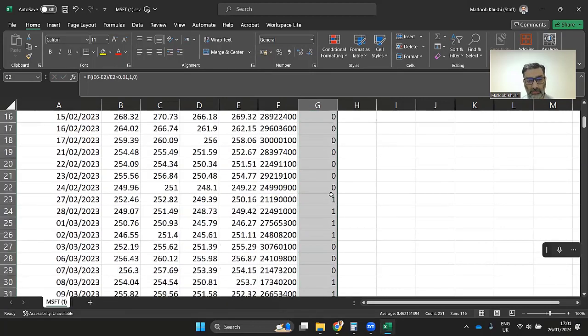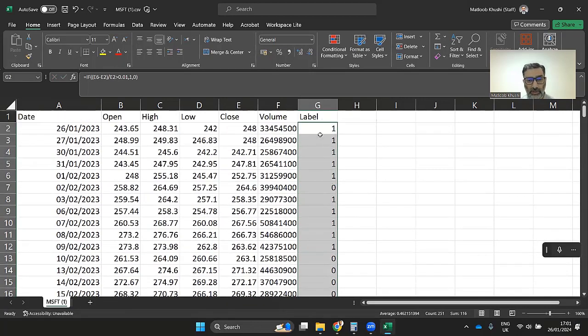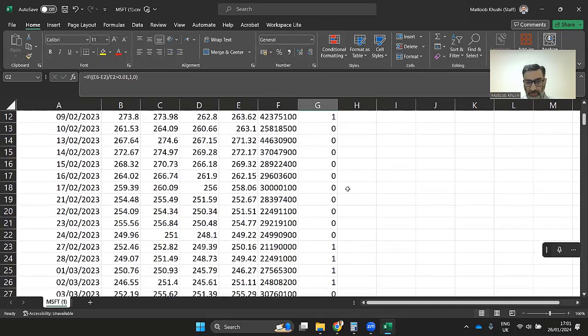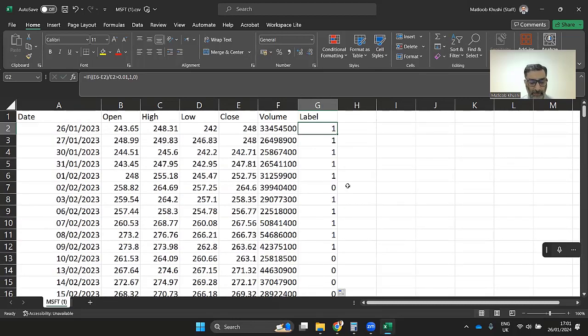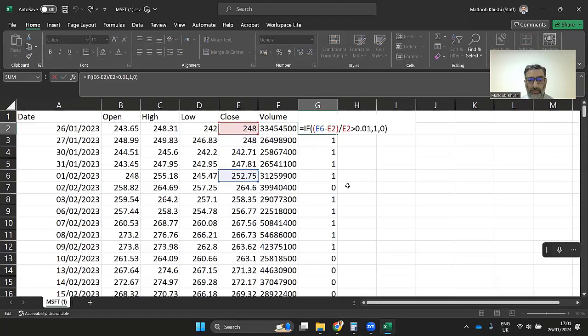Now you see you have a different classification problem. Your labels are different than what we had before, but it now makes much more sense. You have a window where you can make a decision and do a trade.